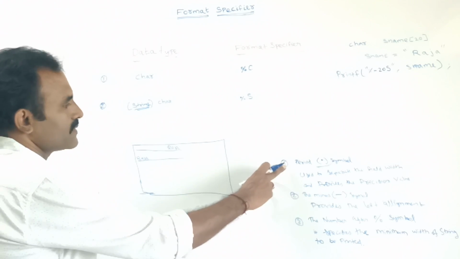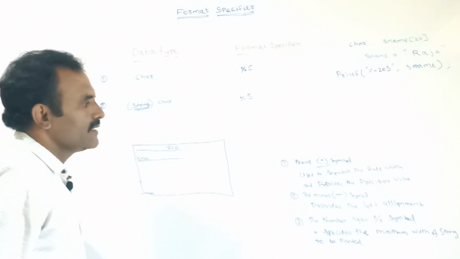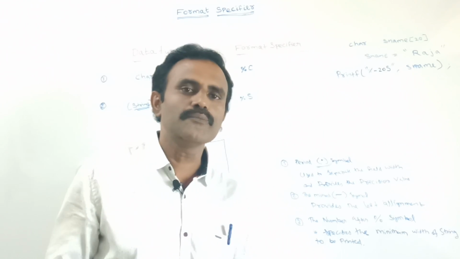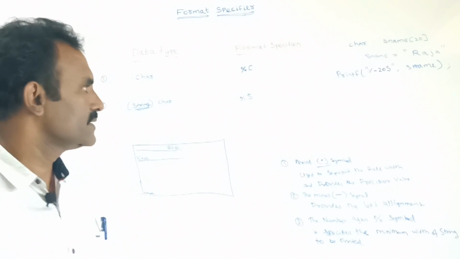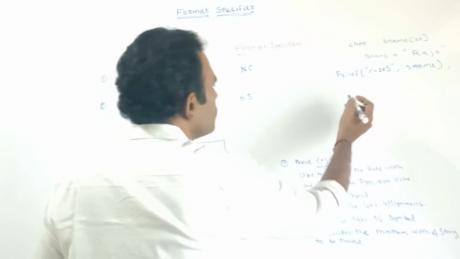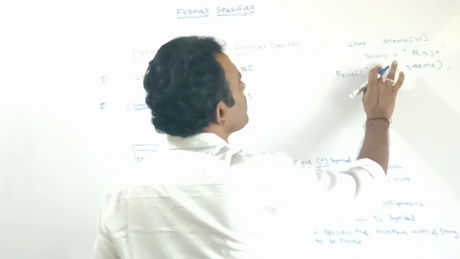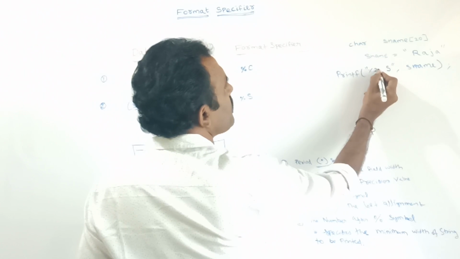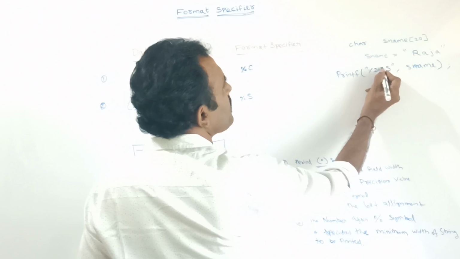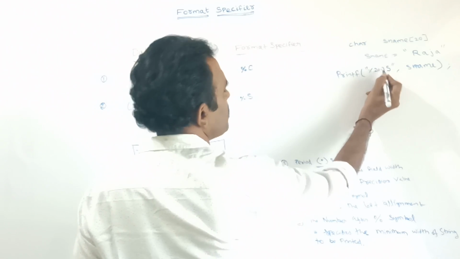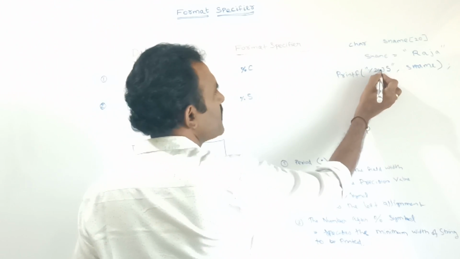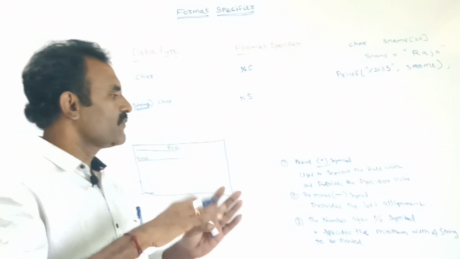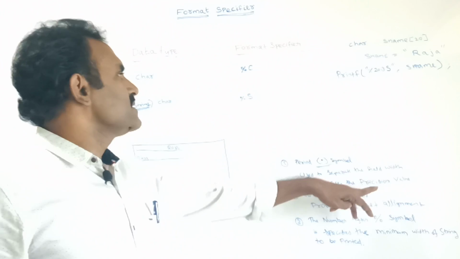Next let us see about the period symbol. Here this point symbol is used to separate the field width and provides the precision. See, for example, if I am telling to print like this, 20.3, this point symbol, that is the period symbol, is used to separate the field and it provides the precision value.